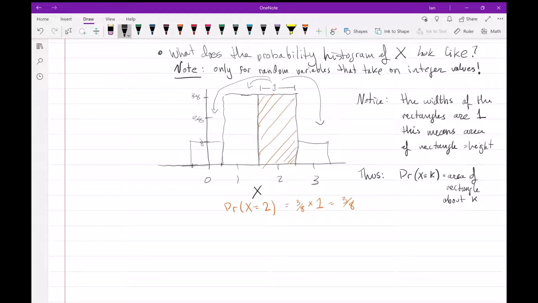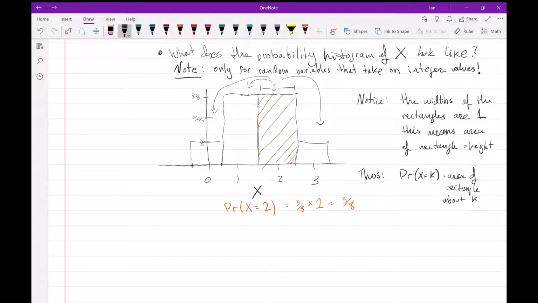The way I made the plot only works if we have integer values, but you can have histograms in general for things that aren't just integers. The key thing that makes it a histogram is that the probability of some event corresponds to area, the geometric area in the histogram.